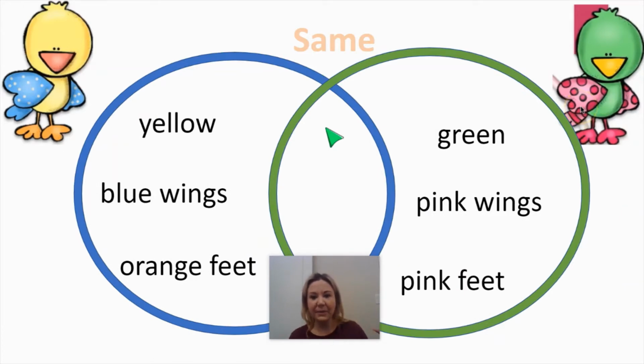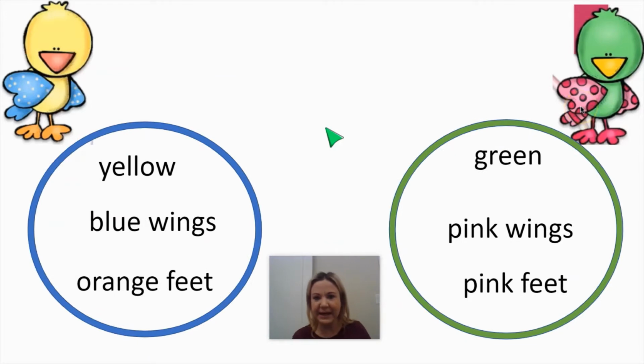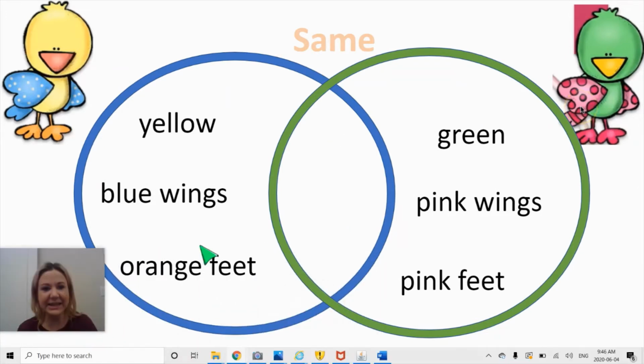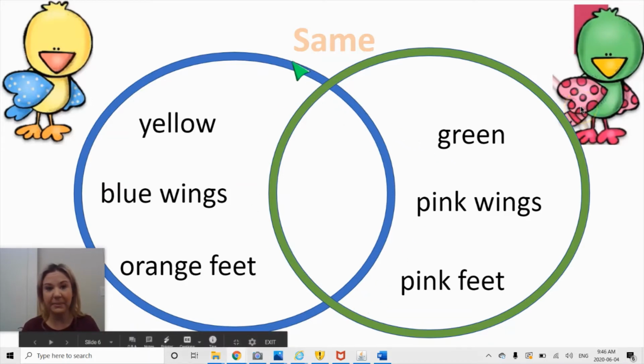All right. Now, what I've done here is I've taken the two circles, I'll go back for a second, and I've brought them closer together so they overlap, okay? So you will see there that there's now a space where the circles overlap. Here's the blue circle. See the blue circle?